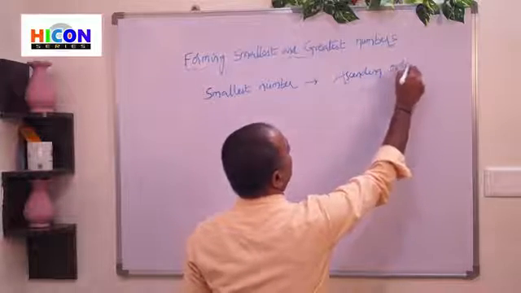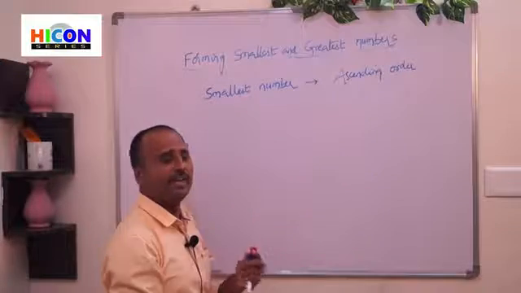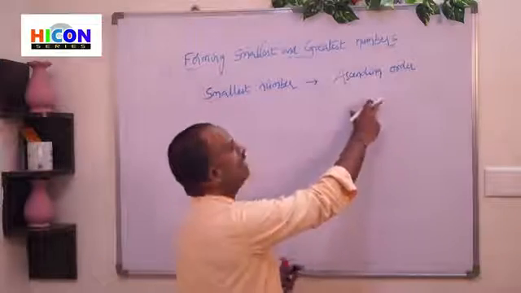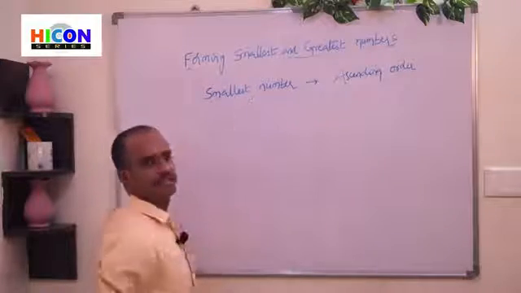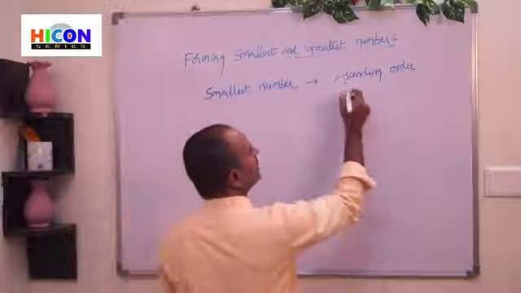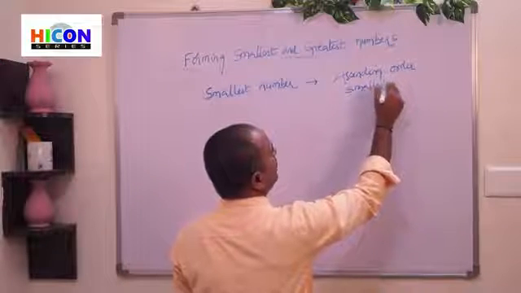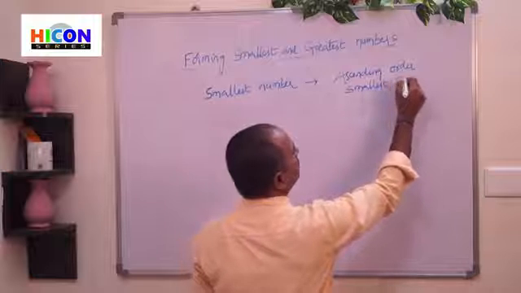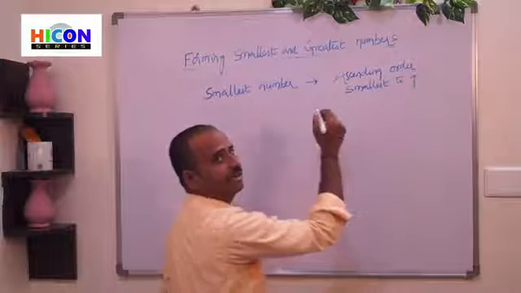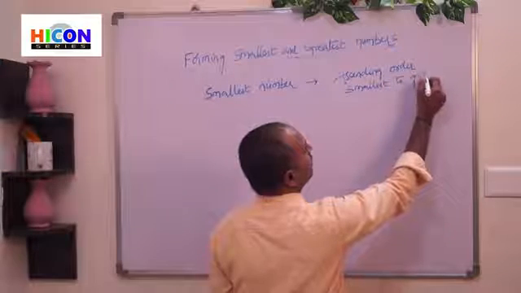So children, if we arrange the given digits in ascending order, then we will get the smallest number. Ascending order means from smallest to greatest. So if we arrange the given digits from smallest to greatest, then we will get the smallest number.